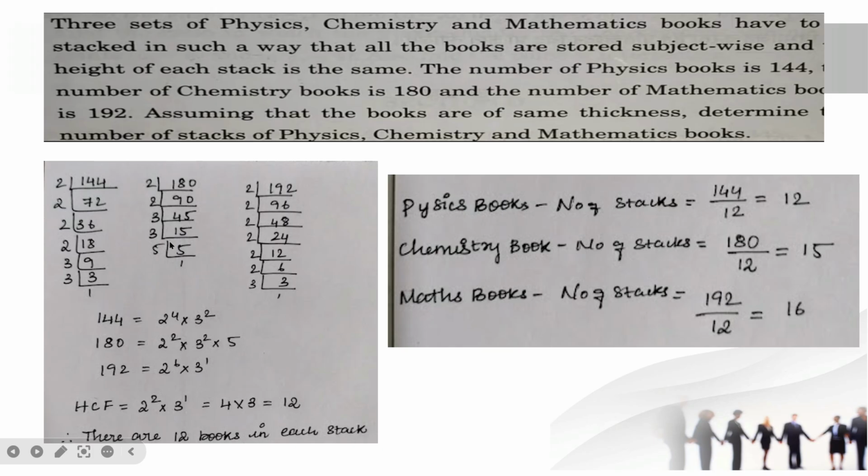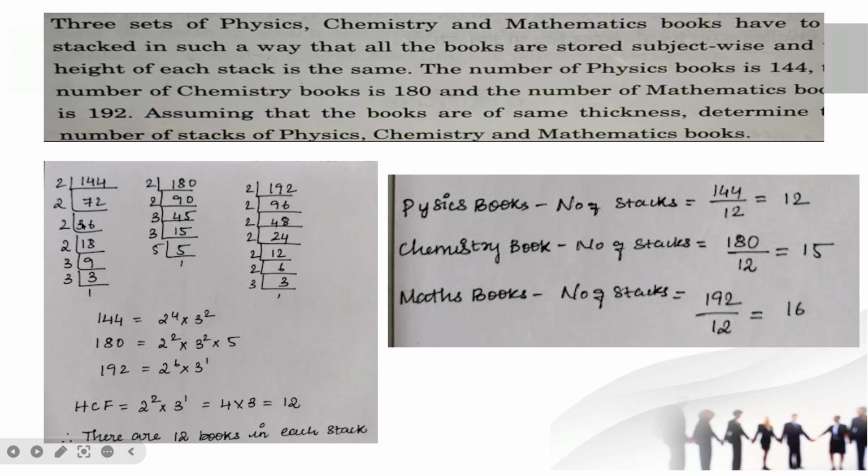Okay. So for 144, I took the LCM, I took like this, and then for 180, for 192. In 2 table 144, 14 will go 7 times, 4 will go 2 times. In 2 tables 7 won't go, 3 times 6 will go, 1 balance, 12 will go 6 times.